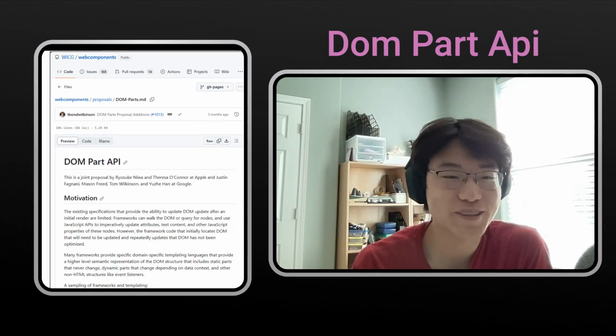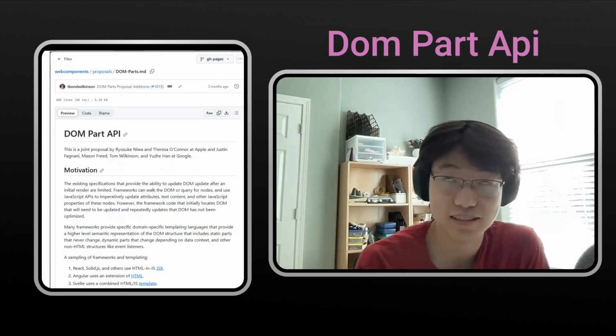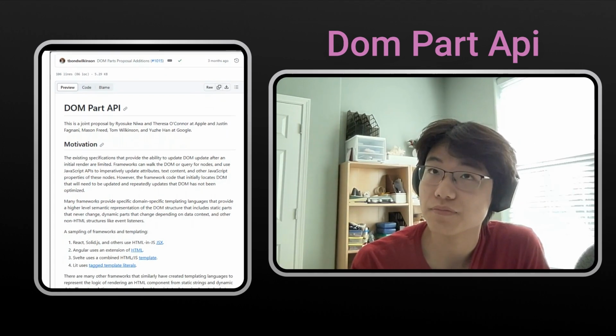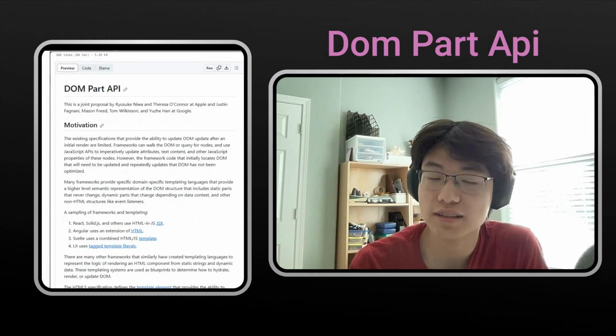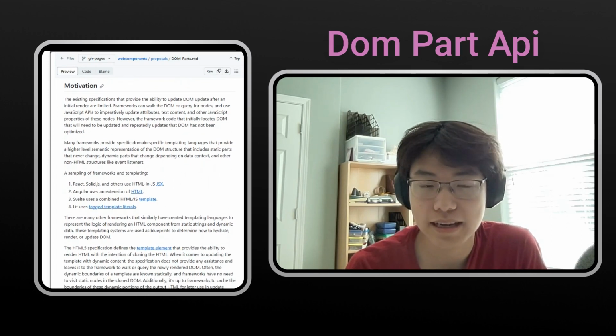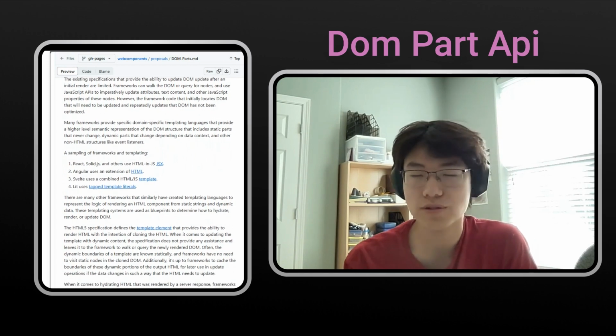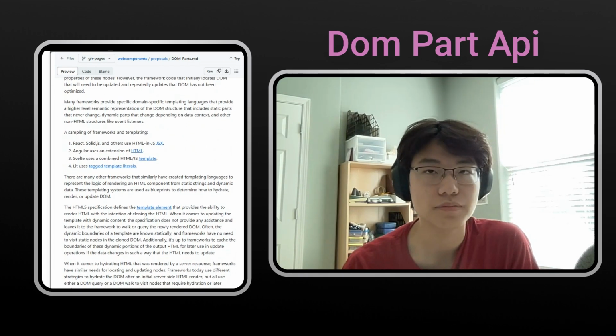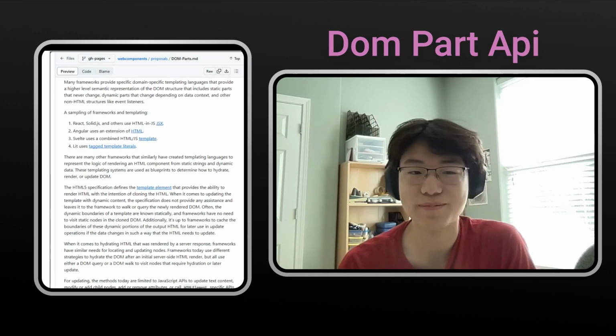Next up, we have the Web Components DOM Part API. I've been following this API for a little bit now. Google is introducing this as an experimental feature in their recent version. Basically, it allows frameworks to efficiently update nodes.